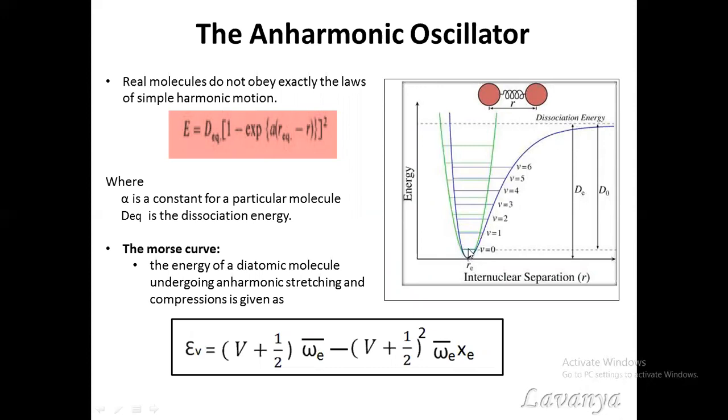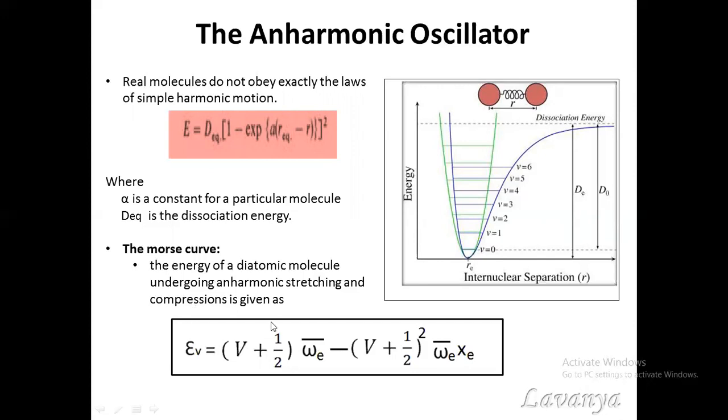At the lower compressions or stretchings, it can exhibit harmonic oscillation, but when it moves to the higher vibrational levels, it deviates from the harmonic oscillation, and after a certain point the bond will dissociate, because the bond is not under harmonic oscillation. In order to explain this, we take the help of the Morse curve.